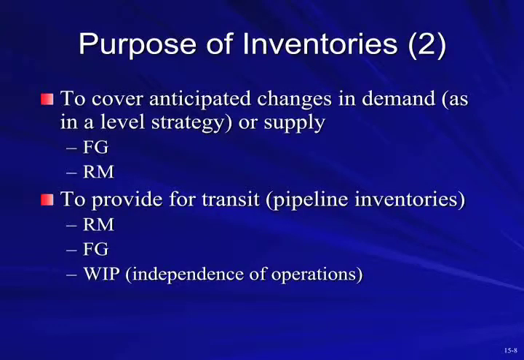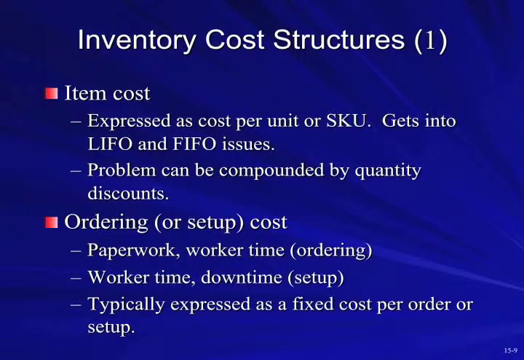You try to cover anticipated changes, especially in your finished goods and raw material categories. And when you're talking about pipeline type of inventories, you have to take into consideration the transfer issue that goes into all three categories.